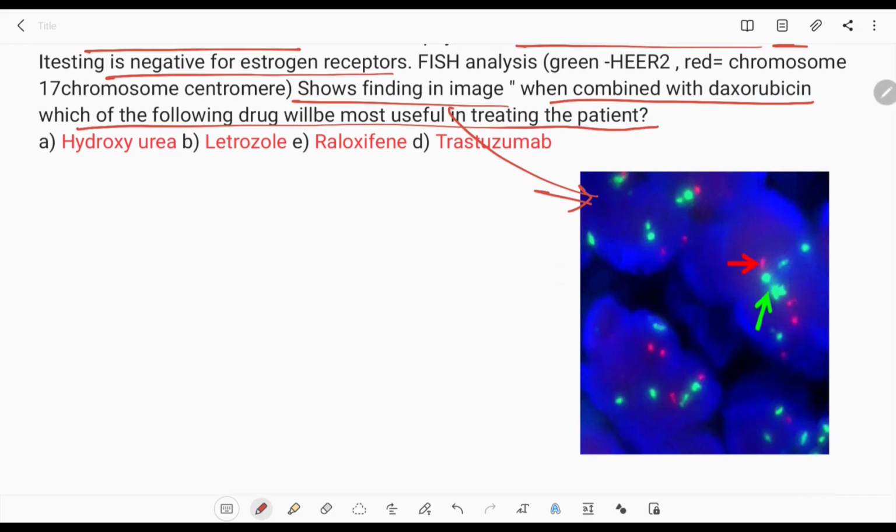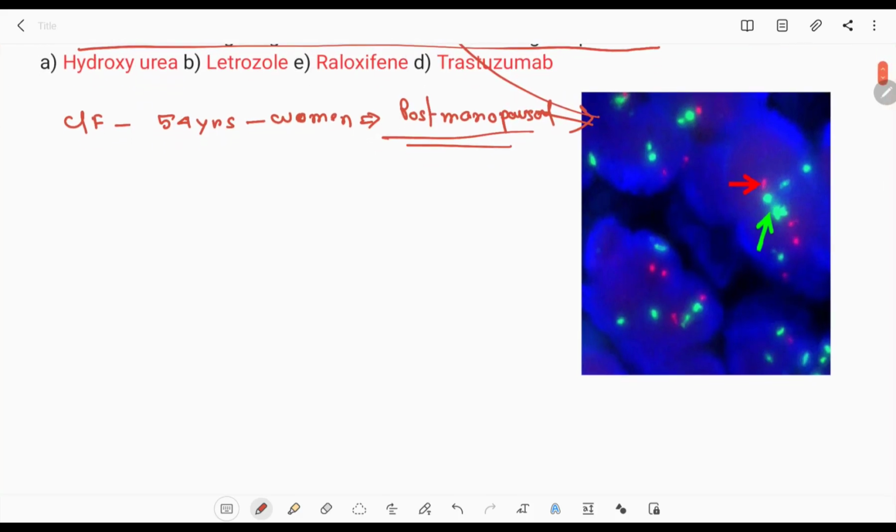First, the clinical features: a 50-year-old woman, that is a postmenopausal woman, because most breast carcinomas occur in postmenopausal women. In mammography there is microcalcification.